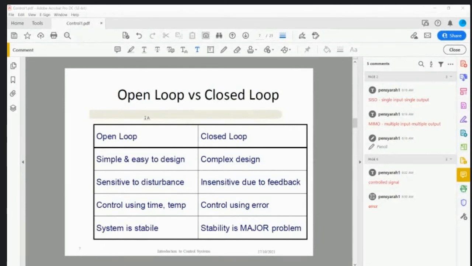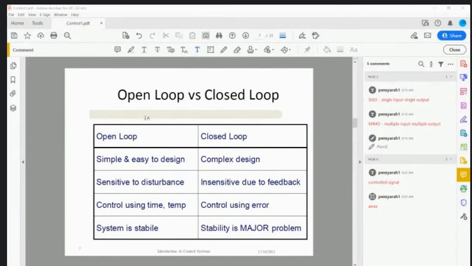Last one is the advantage of the open loop system. The system is stable. Normally this is because we design the system and we calibrate the system, so an open loop system normally has a stable system.